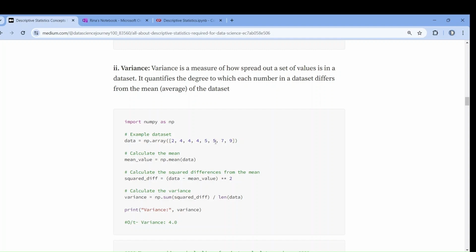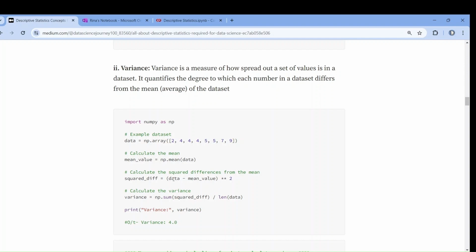Next, 0, 0, 7 minus 5 is 2, 9 minus 5 is 4. So 2 square plus 4 square. Now if I add all these squares and divide them by the length of the numbers, that is 8, then we can get the variance. So we can understand how much every number in the data set differs from the mean of the data set, and how much the data set is spread. We can find the measures of dispersion.